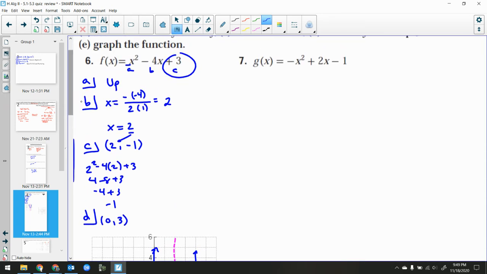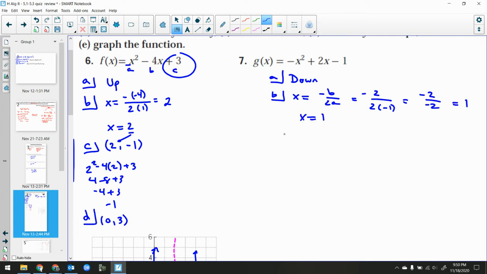All right, let's take a look at the next one here. So for A, I know that this one is going to go downward. And then here, I know that it's x equals negative b over 2a. So that means negative 2 over 2 times negative 1. So this is negative 2 over negative 2, or positive 1. x equals 1.